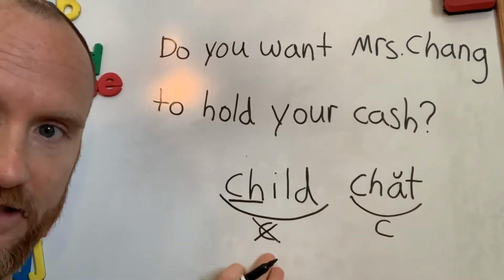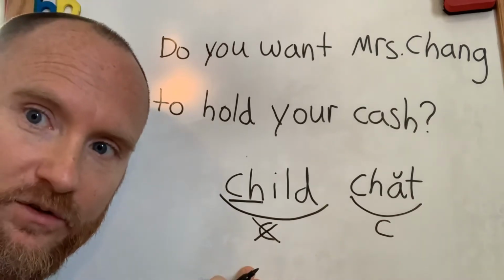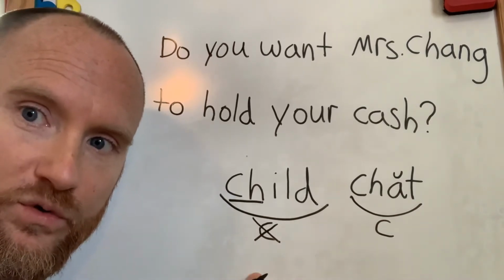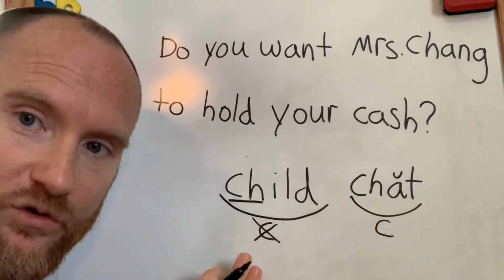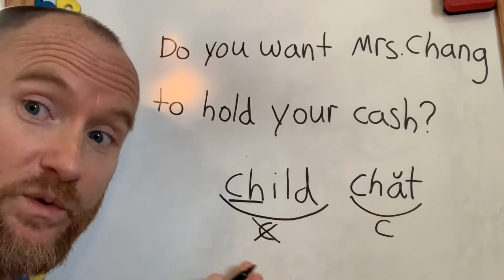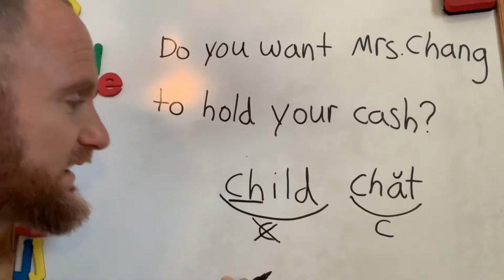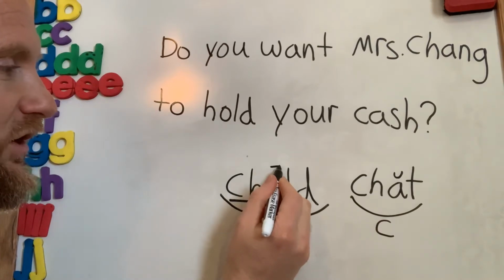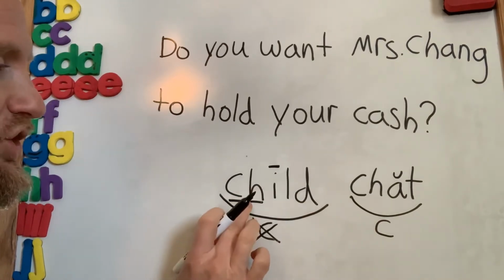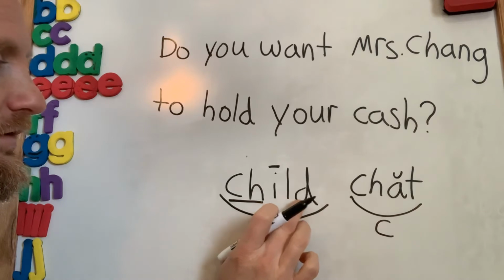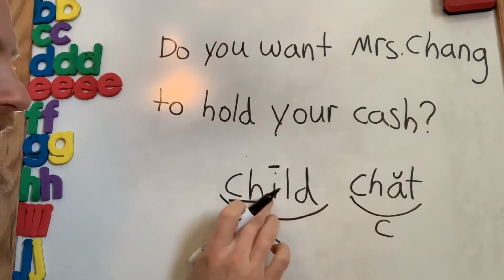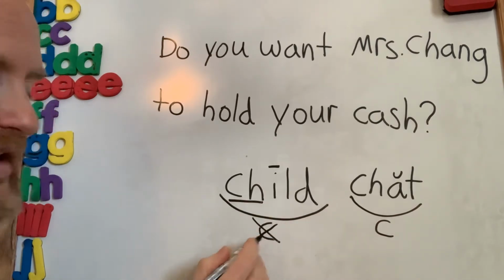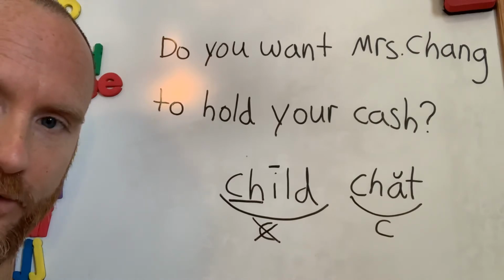Now the reason these are exceptions, like ild, old, ost, olt, those closed syllable exception words, is that this is actually a long vowel sound. Listen to it. Ch, i, ld, child. It made a long i, so that's why it is a closed syllable exception, okay?